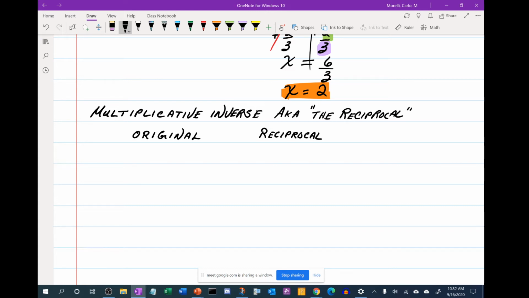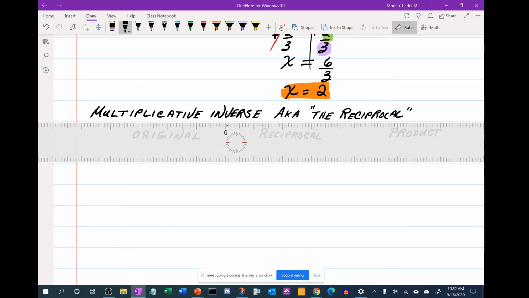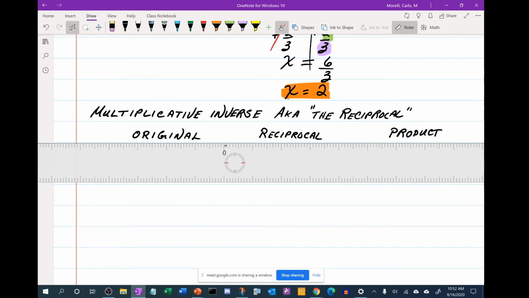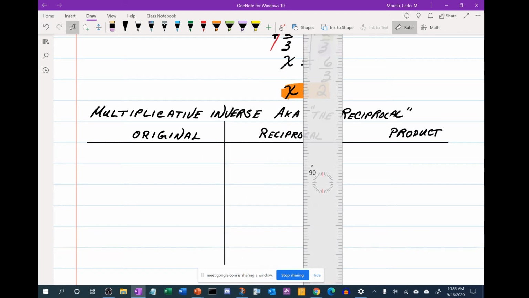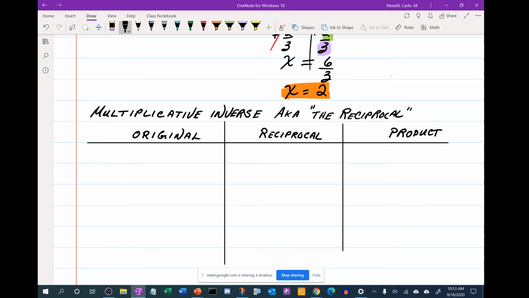Third column says product. Original, reciprocal, product.